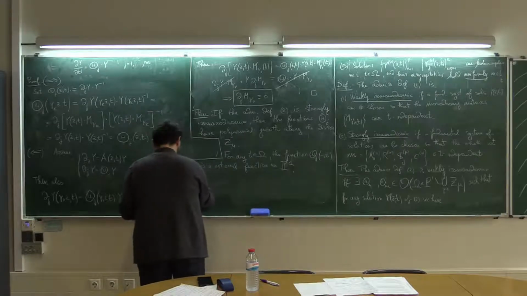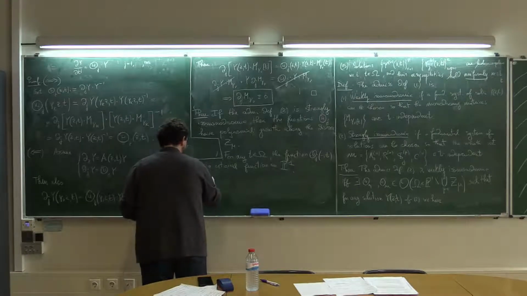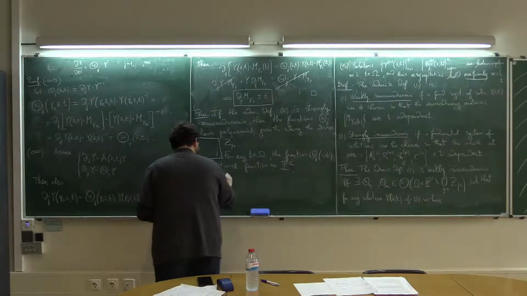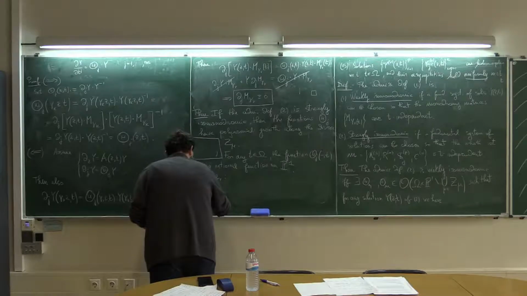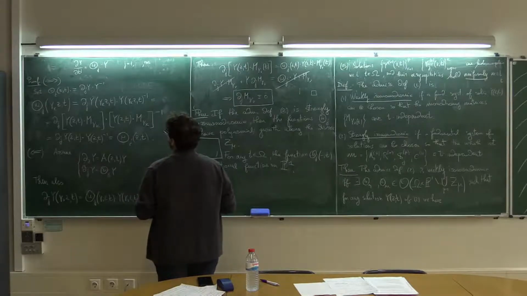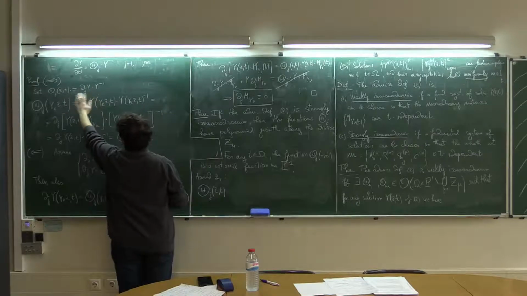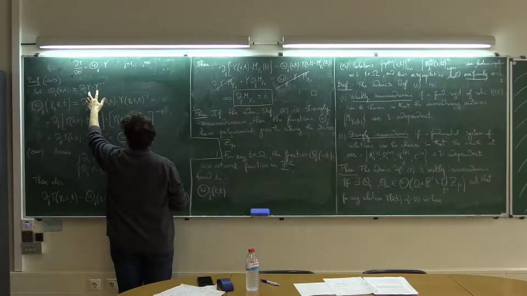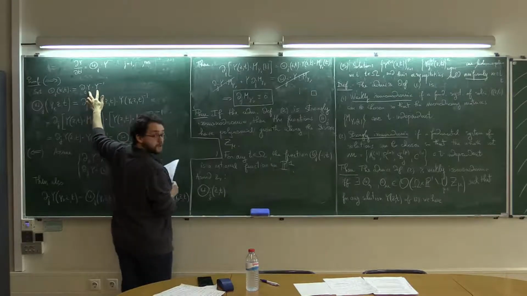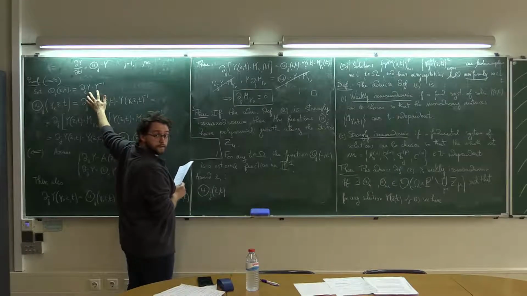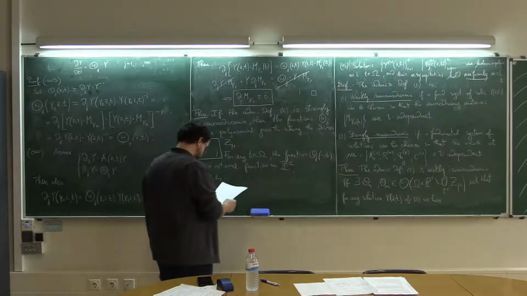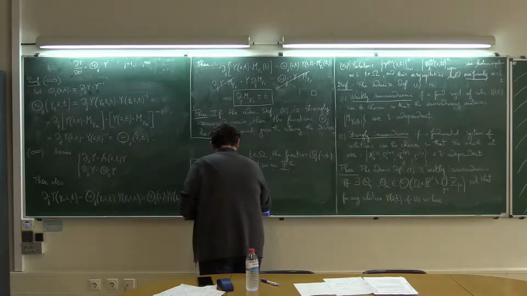Since we know both at Fuchsian and irregular singularities what is the asymptotic expansion of solutions, we can replace such expansion in this identity, and we obtain that around z nu, θj has the following asymptotic expansion.